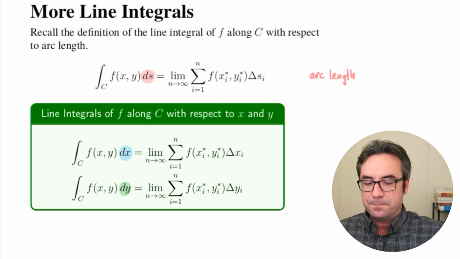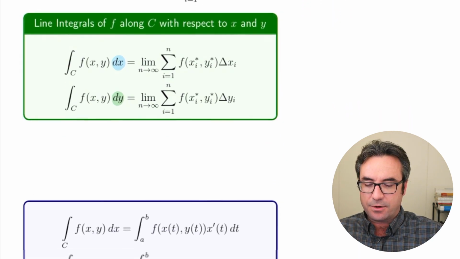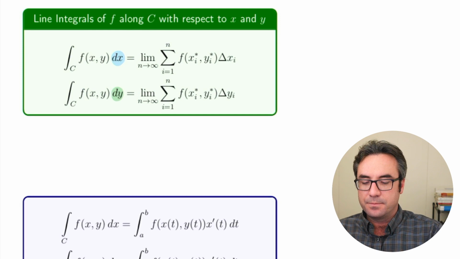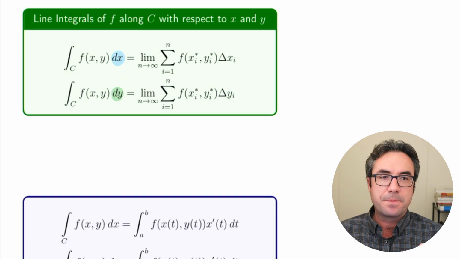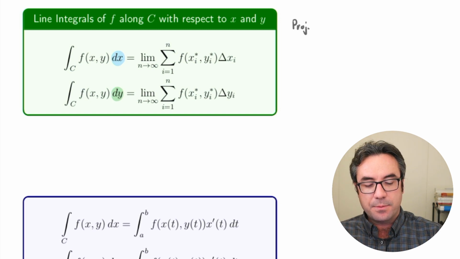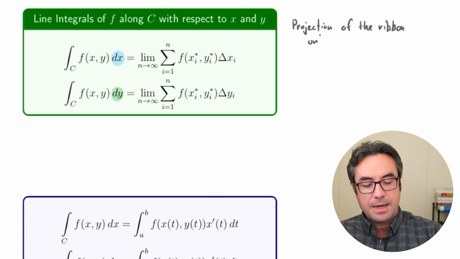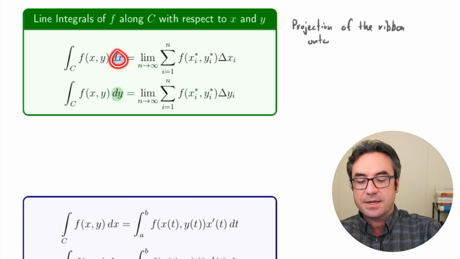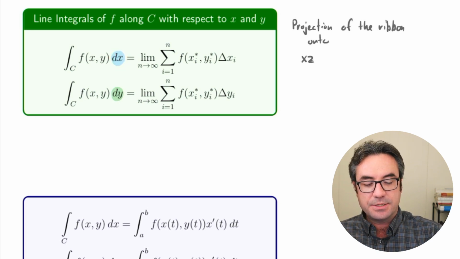All right, so this first line integral here, this is going to be the projection. So we're going to look at the projection of the ribbon onto, in the case of the x integral, the xz plane.